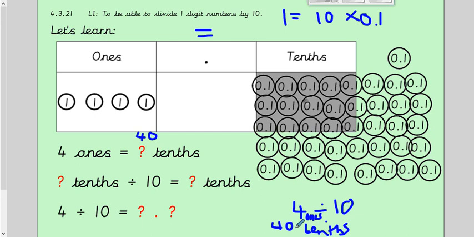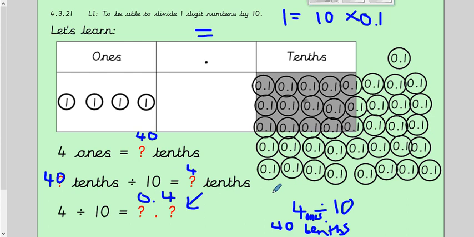We're just exchanging them. So if we have 40 tenths divided by 10, now just take away the tenths for the minute and do 40 divided by 10, which is 4. So therefore 40 tenths divided by 10 is 4 tenths, which means that 4 divided by 10 is 0.4, which is 4 tenths.